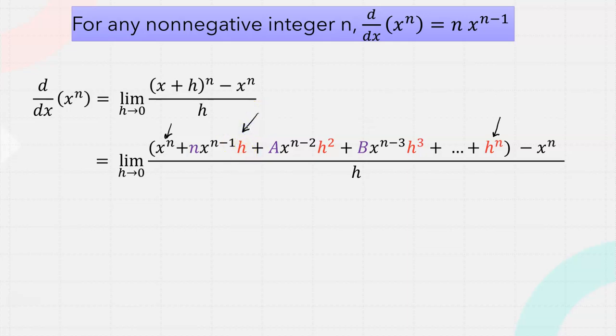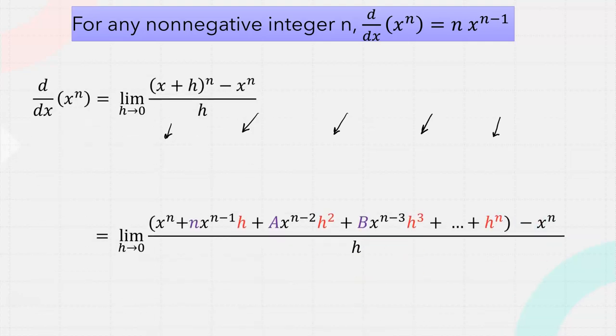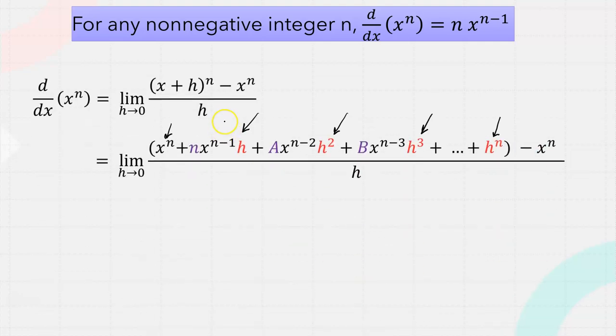That term has h in it, and then the exponent on the h will increase until it gets to h to the n, and the exponent on the x would decrease until there is no more. There's always going to be some constant here, but we're not interested in what that constant is. The only constant that we need to know is the one right there, which is n, right?